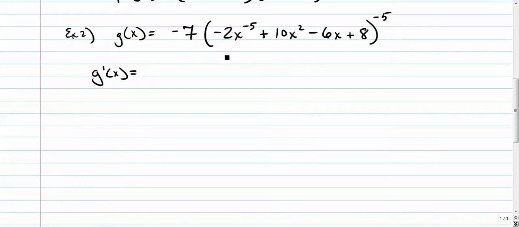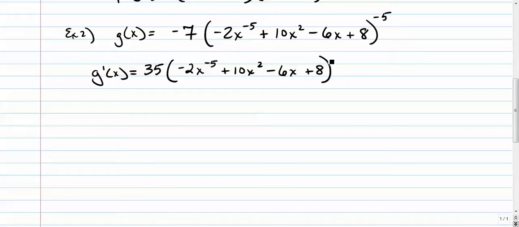G prime of x is equal to, alright, we're going to take the power rule again. We're going to take -5 times the thing in front. -5 times -7 is positive 35. So positive 35. And then we're going to rewrite the entire polynomial without changing it one bit. We're going to reduce that power by 1.